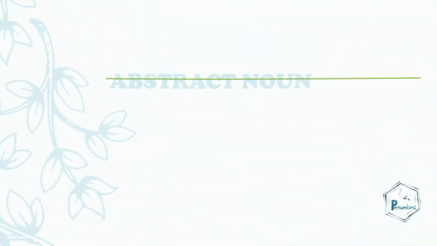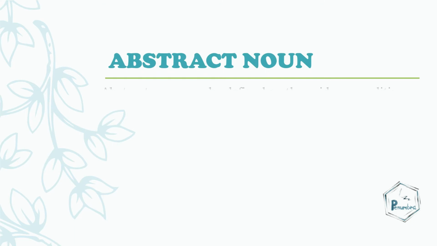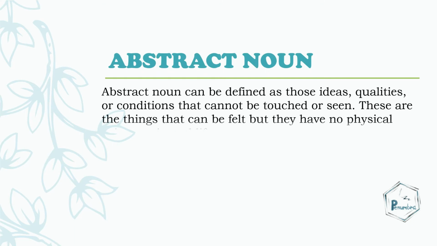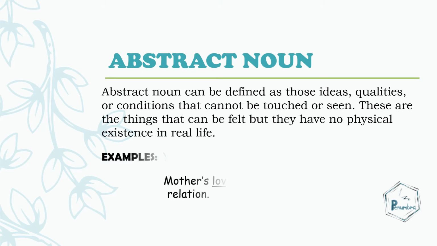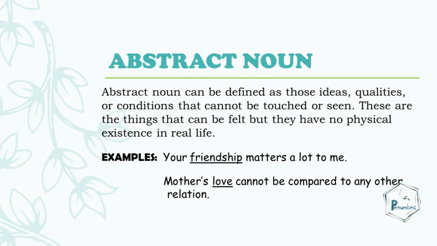Juxtaposed to concrete nouns, abstract nouns are qualities or ideas which can be felt, but they cannot be seen or touched. Well, abstract nouns are important feelings, but they do not have any kind of physical existence in real life. You can check out the example. Your friendship means a lot to me. The word friendship is an abstract noun.